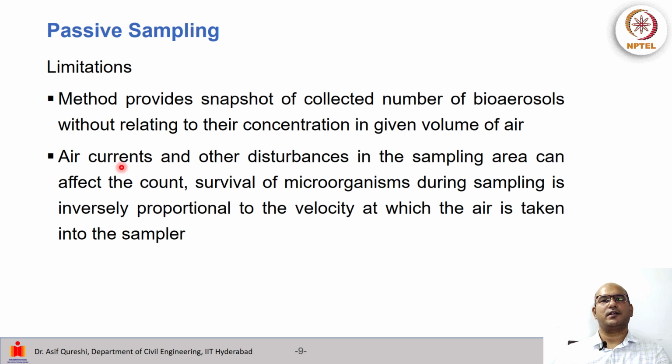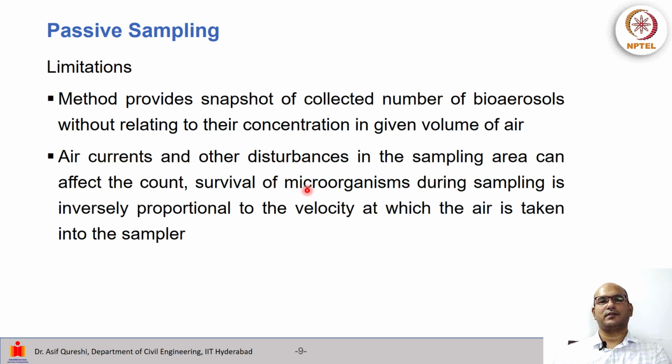Also, when we have air currents and other disturbances in the sampling area, we can affect the count or even the survival of the microorganisms. So, in general, if we have air currents and disturbances, the chances of survival decreases.